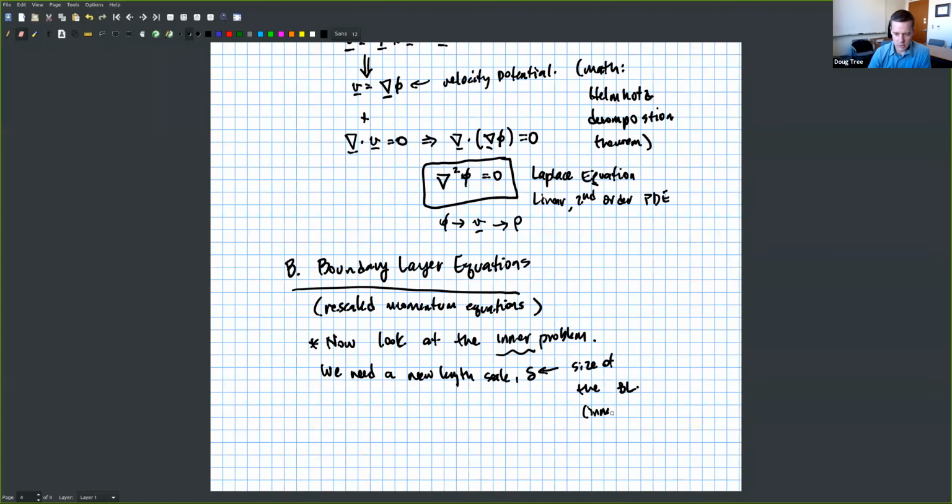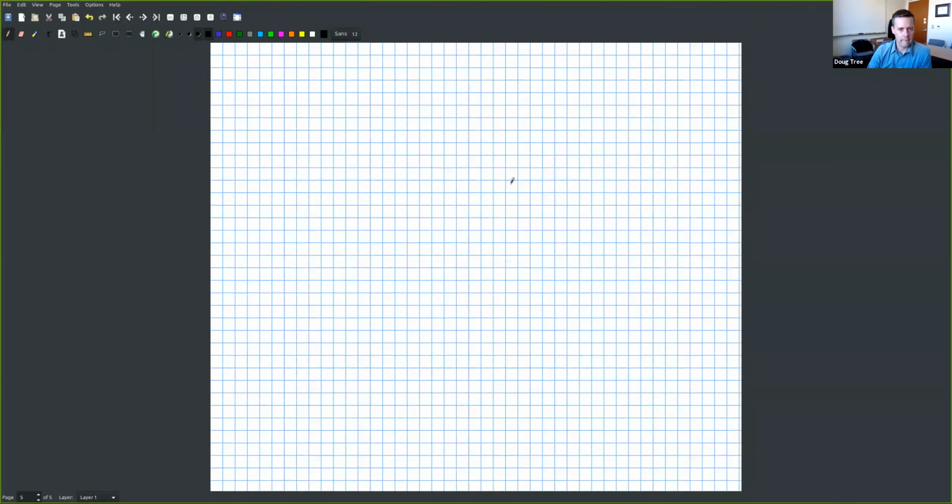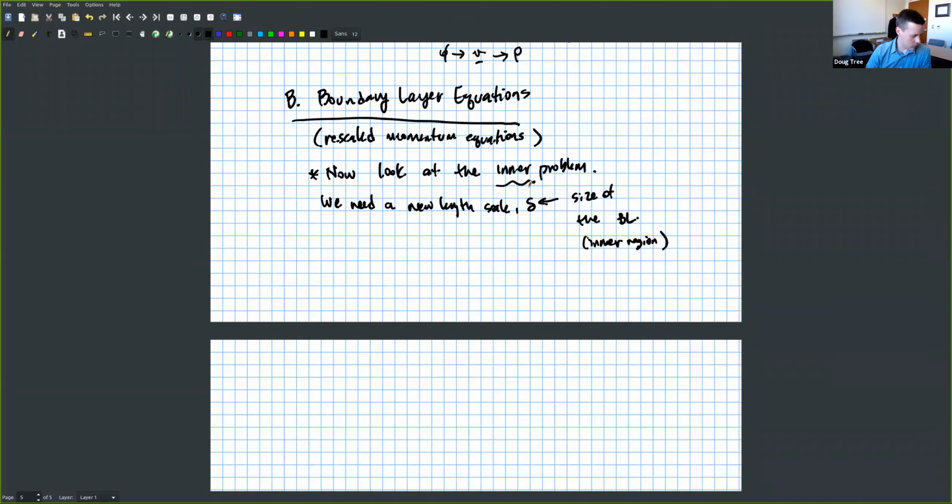There's not two R's in inner the last time I checked. Inner region. Okay, looks like I need a new page. And to be really specific so that we can have a really specific example here, we're going to pick a geometry.